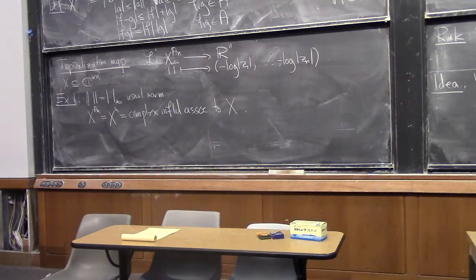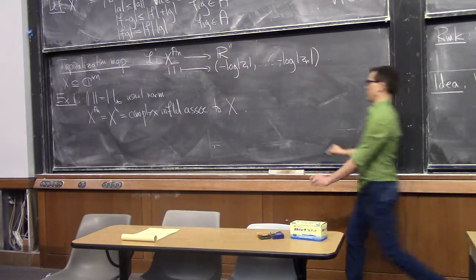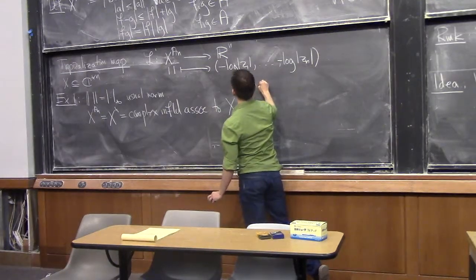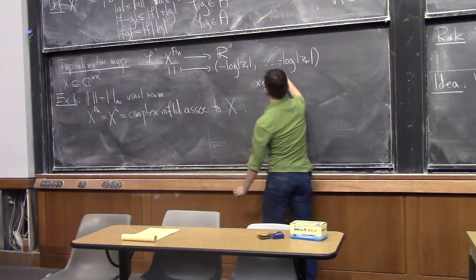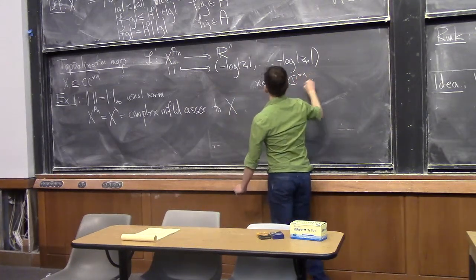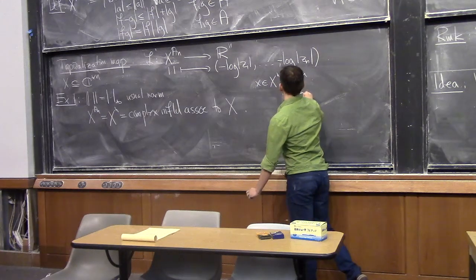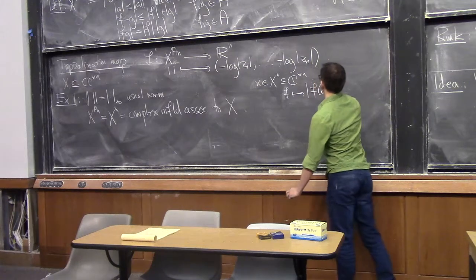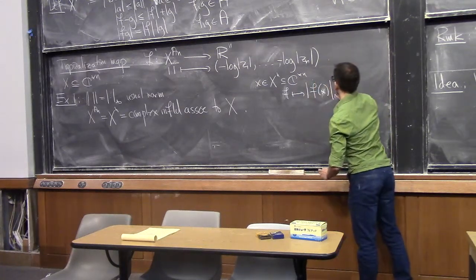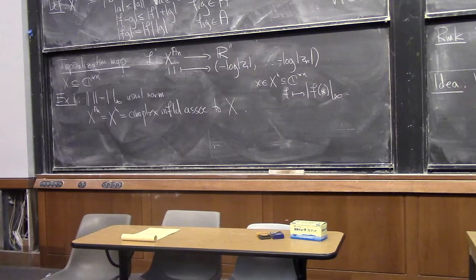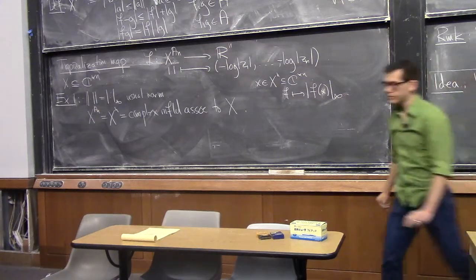If X lies in X(C), which is like (C^*)^n, I could take the norm that to an f associates: I just evaluate f at the point X and take its Archimedean norm. So that gives me an embedding of the complex manifold into the analytification, and it turns out that this is all there is.